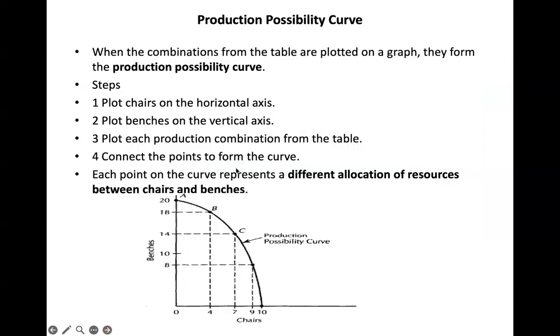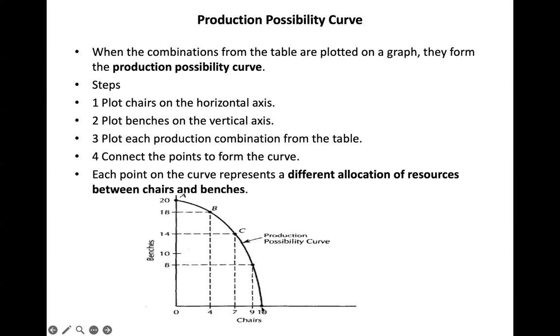In representing it in graph form, it is based on some steps. With the first step, you need to plot the chairs on the horizontal line. This is a horizontal line. Then you plot the benches on the vertical line. This is a vertical line. So the firm uses all the available resources, the workers, and the time.